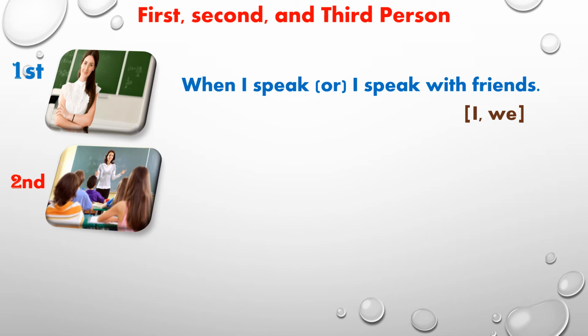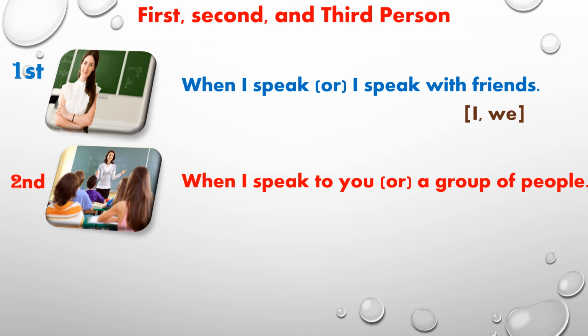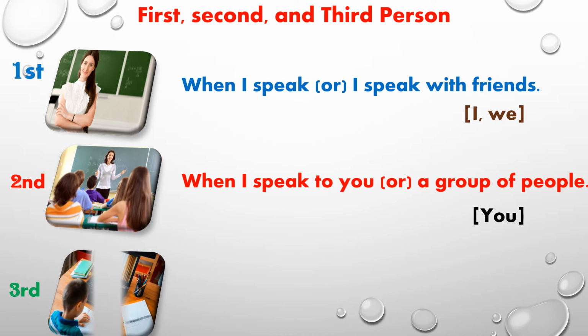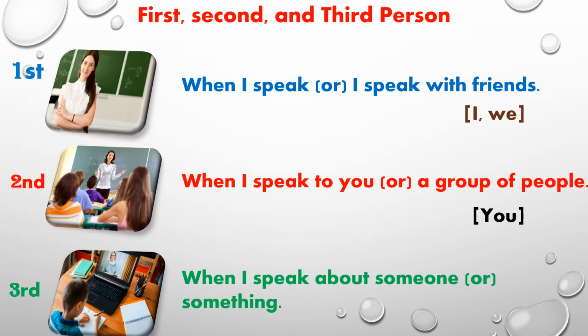Second person: when I speak to you or a group of people, it's called second person. You, second person singular or plural. Third person: when I speak about someone or something, it's called third person. He, she, it, third person singular. They, third person plural.